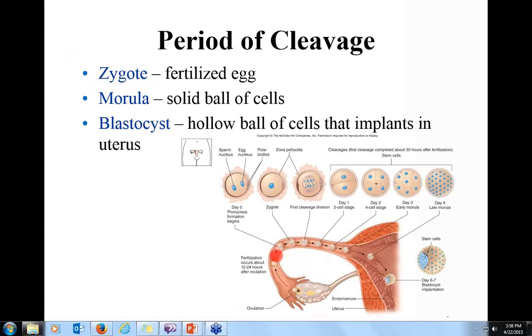And this is what's showing you here, because again, fertilization occurs in the uterine tube. Then from zygote, you go into the morula. Morula is referring to the dividing cells, a solid ball. And then the cells continue dividing and form a hollow ball, and that's called a blastocyst. And it's this hollow ball that about 7 or 8 days after fertilization will implant in the endometrium of the woman's uterus.